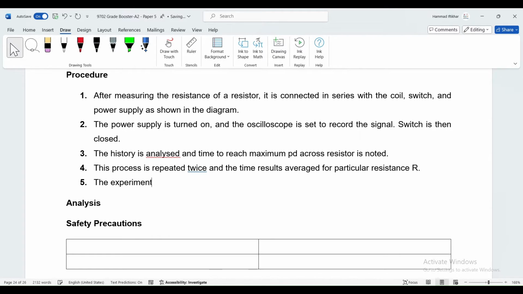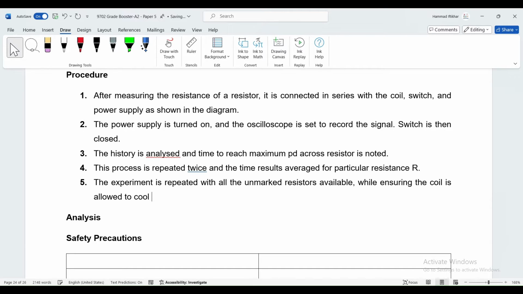The experiment is repeated with all the unmarked resistors available while ensuring the coil is allowed to cool during the breaks, in between the trials, in between experiments, in between measurements.